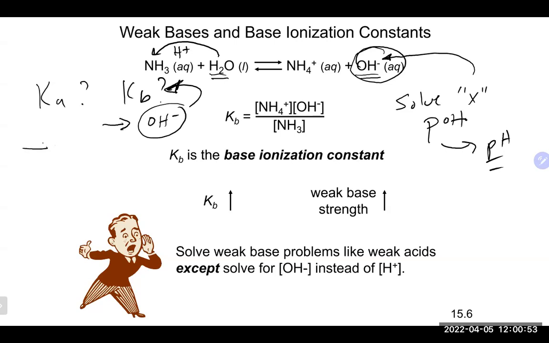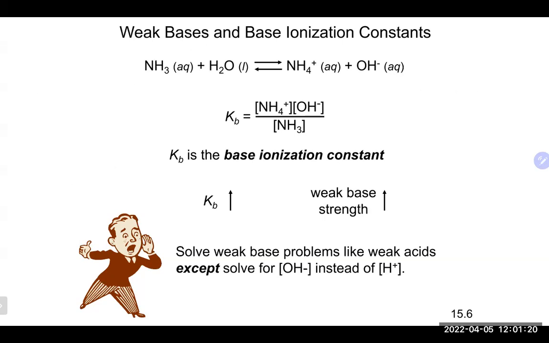If you write the equation and you see on the product side H plus or H3O plus, that is an acid situation, and you should be using the Ka value. So there are certain problems that we'll talk about shortly where they frankly give you the wrong K value, and you actually need the other one. So it's really important, I know I've said it a lot, to be able to write these equations correctly, because it can very much help you with the calculation part of it.